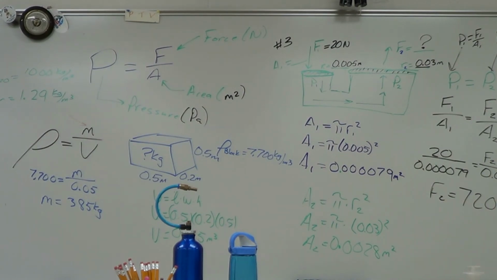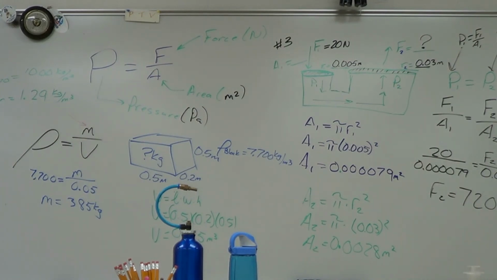Now I'm finding the mass of just the bottle. Should that bottle be heavier the second time, lighter the second time, or the same? Did I add stuff to it, take stuff away, or did it stay completely the same? Lighter. I took air out, right?